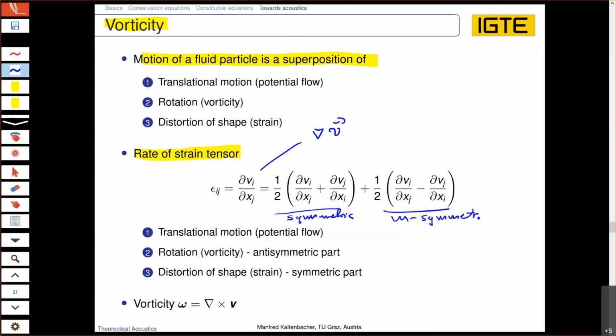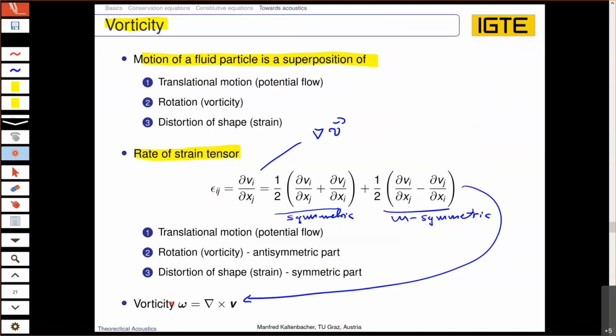And why do we do it? Because the nice thing is that this unsymmetric part can be associated to the vorticity. Because the unsymmetric part, as shown here, gives you also a tensor of second order, but this tensor has no entries on the diagonal and has just three entries different from 0. And that you can rewrite as a vector, and we call it the vorticity vector.